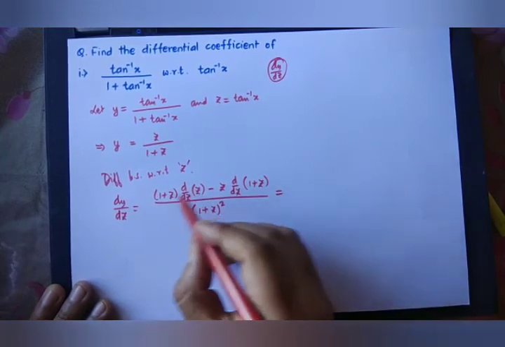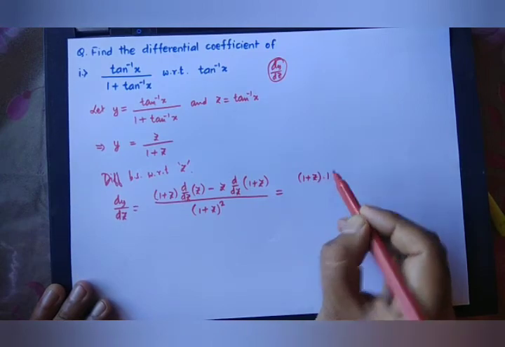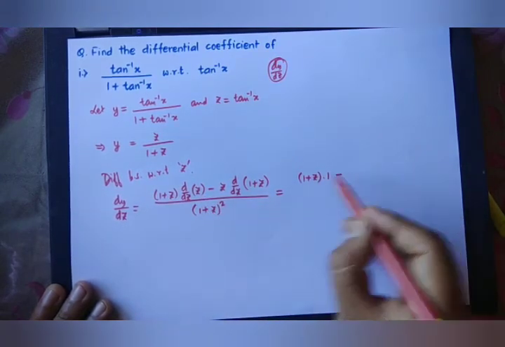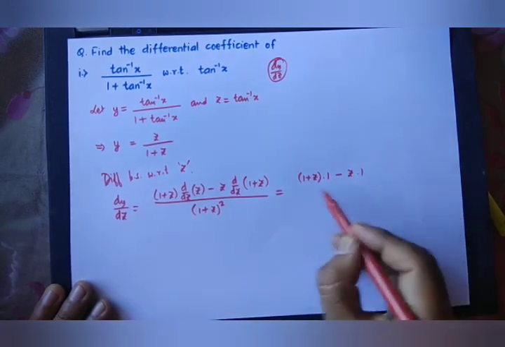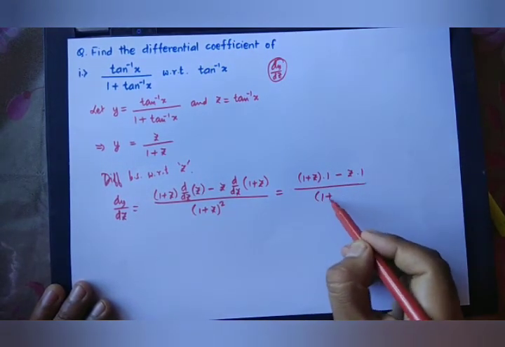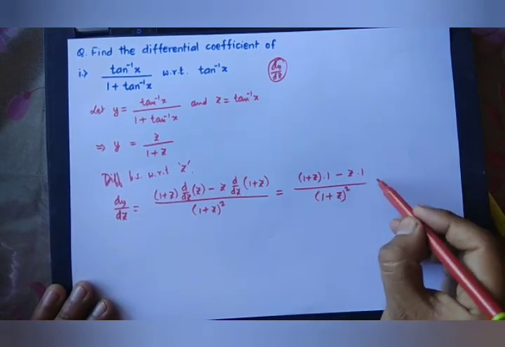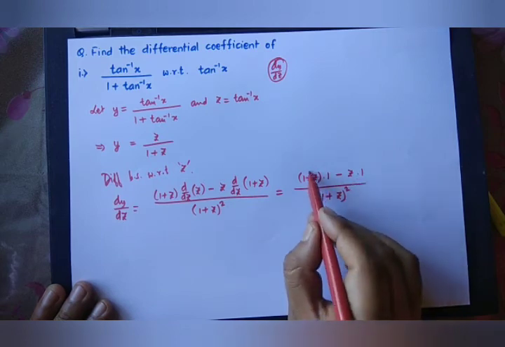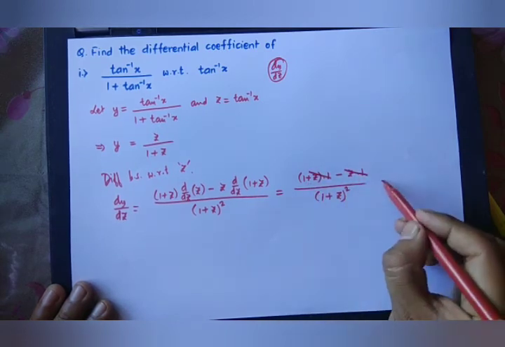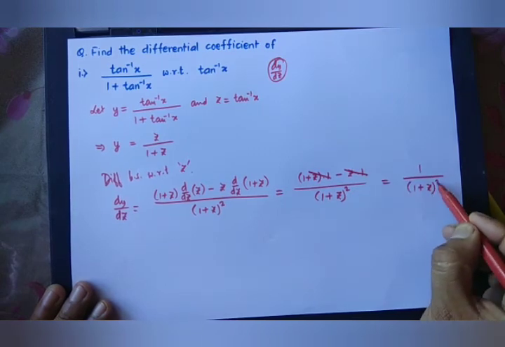So this is equal to 1 plus z into differentiation of z is 1, minus here we have z, and differentiation of this will be again 1, by 1 plus z whole square, right? So open the bracket. Whenever you open the bracket, you see that z and minus z get cancelled, so only 1 is left, so 1 by 1 plus z whole square.